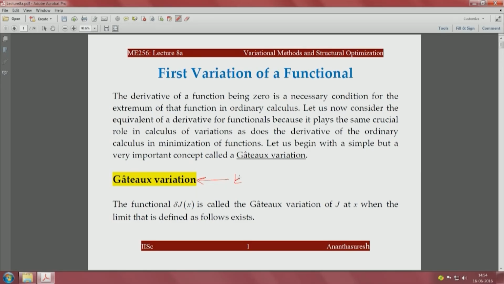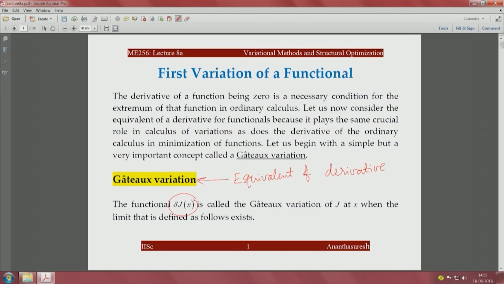that is there in the normal function calculus. So, what is this Gateaux variation? First of all, it is denoted like this.